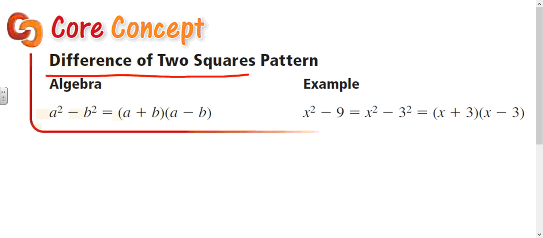For example, if I have x squared minus 9, this is a perfect square because I can take x times x to get x squared, and I can take 3 times 3 to get 9. So this is like x squared minus 3 squared. Since those are your numbers, x and 3, then your factors are going to be x plus 3 and x minus 3.